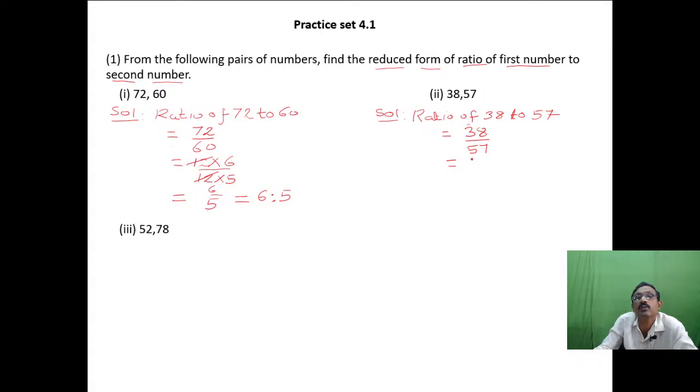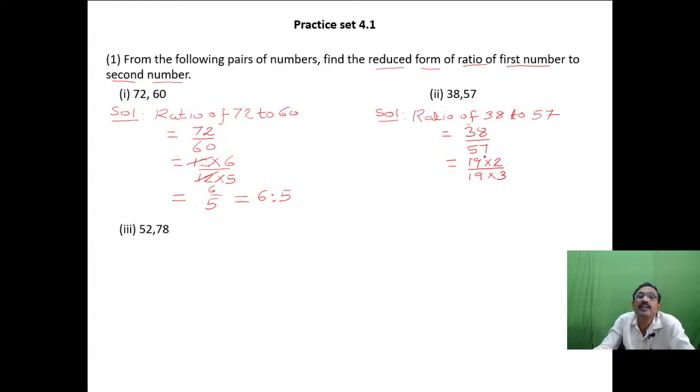Now this is equal to, suppose I take the 19 times table, 19 ones are 19, 19 twos give me 38 and 19 threes give me 57. 19 twos are 38 and 19 threes are 57. So when I'm writing this, I've chosen a table which gives me 19 into 2 and 19 into 3.